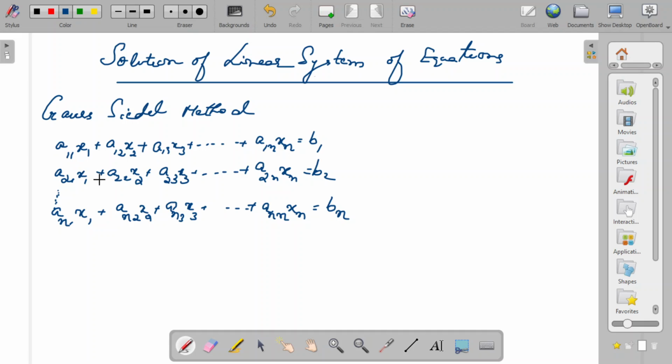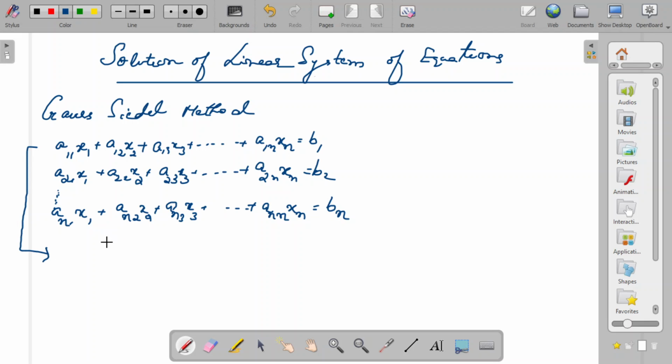That is, all the diagonal elements of the system of equations should be non-zero. If that is the case, now I'm going to modify these equations in such a way that from the first equation I'm going to write an equation for x1, from the second equation an equation for x2, like that.